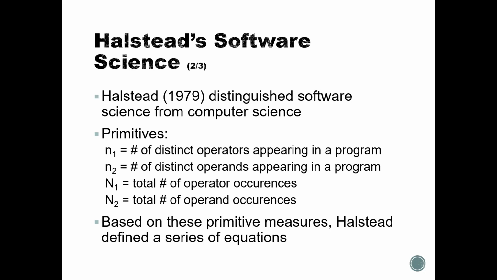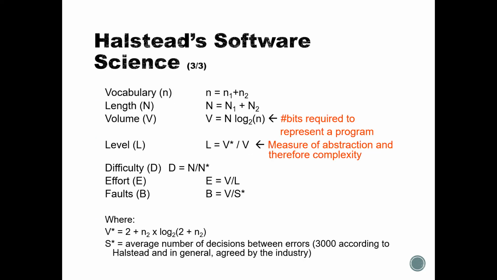In the whole program, we look for distinct operators, which we call n1, and distinct operands, which we call n2. Then for all operators we perform a summation, which gives capital N1, and the same for operands gives capital N2, and then we have the Halstead formulas.